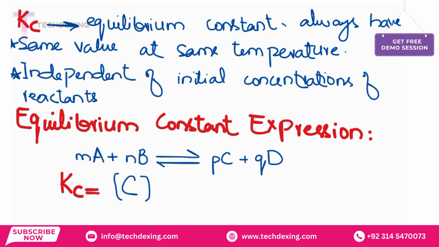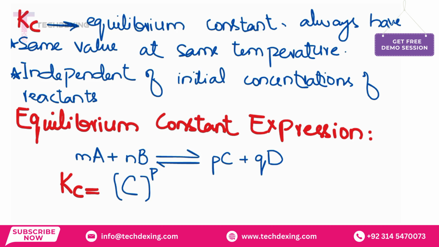It means that you are taking the concentration in the form of moles per dm cubed, as I told you in the previous slide. So you would make P the power of your molar concentration, right?